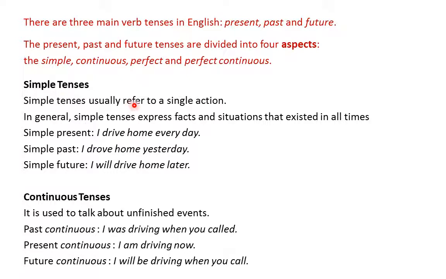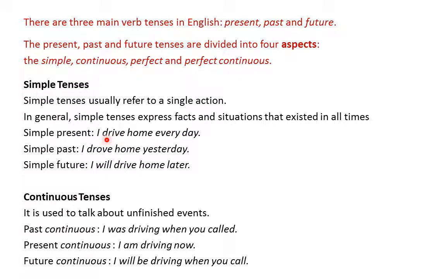Simple tenses usually refer to a single action. In general, simple tenses express facts and situations that existed in all times. For example, simple present: I drive home every day.